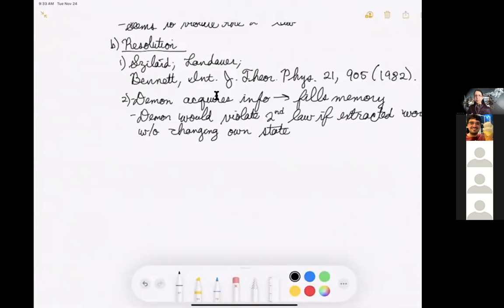The change in the demon could compensate for the work extracted, so the demon could act as an entropy sink. But the demon has changed because its memory is filled. And so the demon could undo the change by erasing its memory.